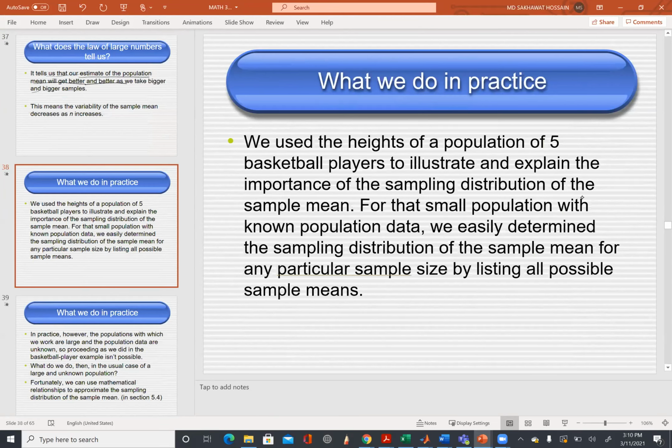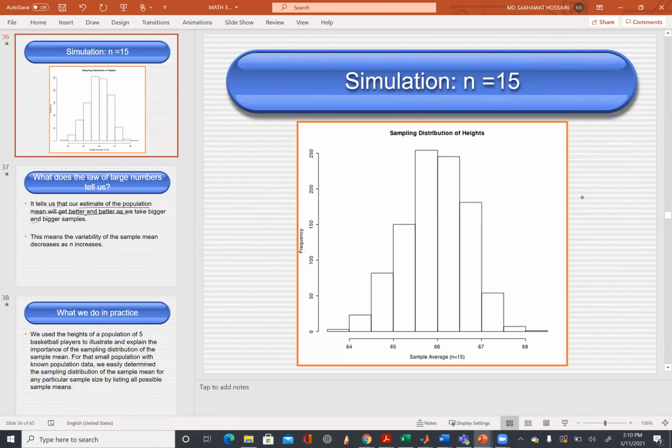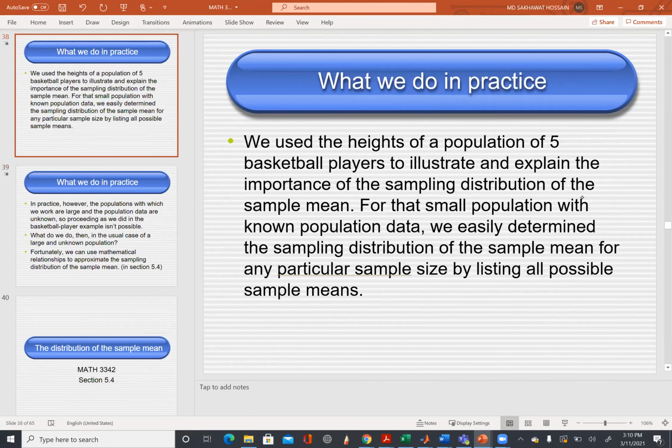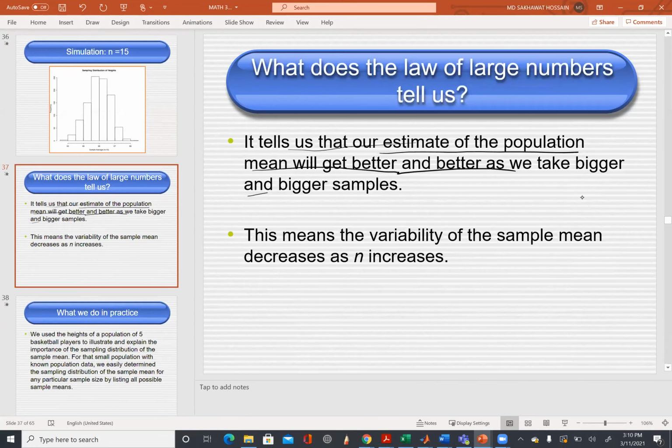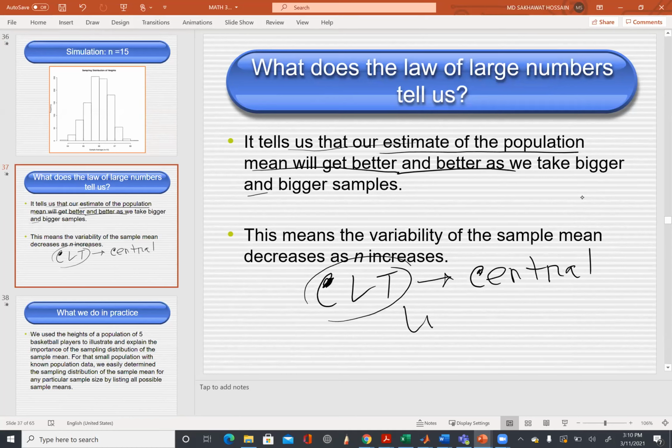Actually, the law of large numbers is also related to something we will discuss later, which is called the central limit theorem, or CLT. We'll discuss this in the next section.